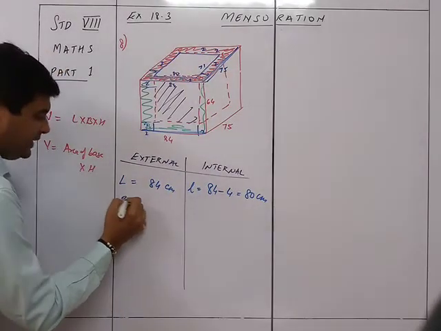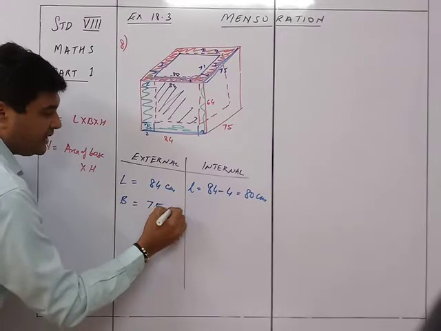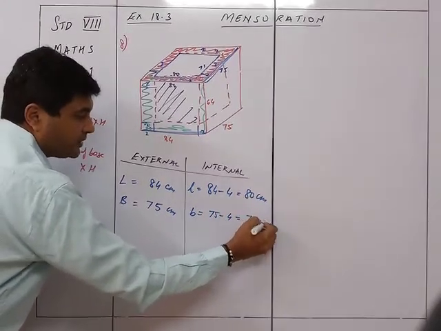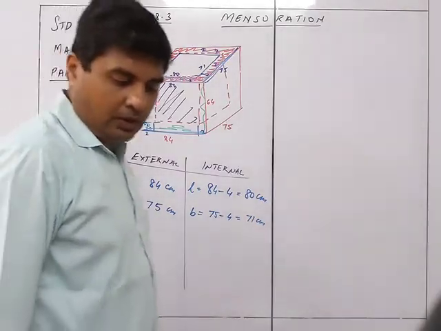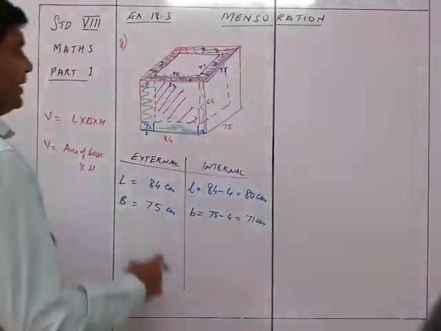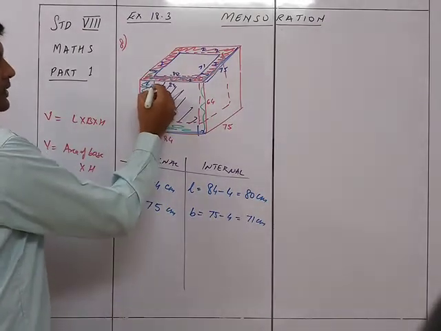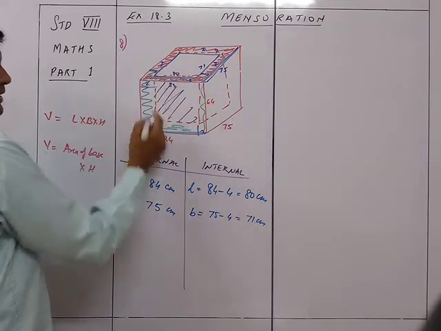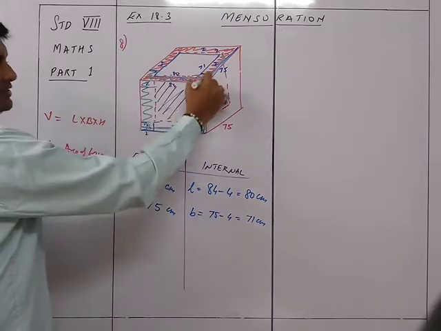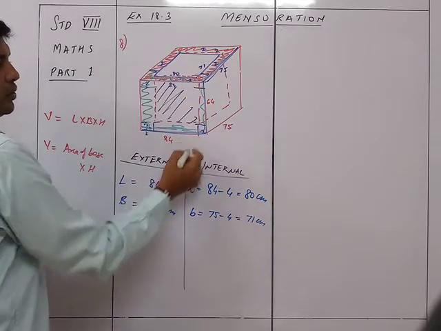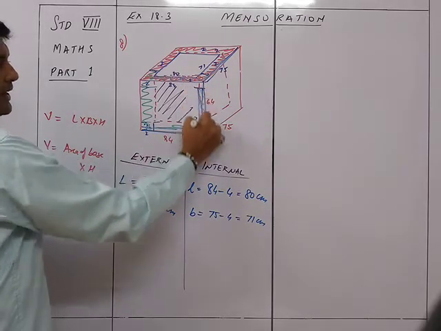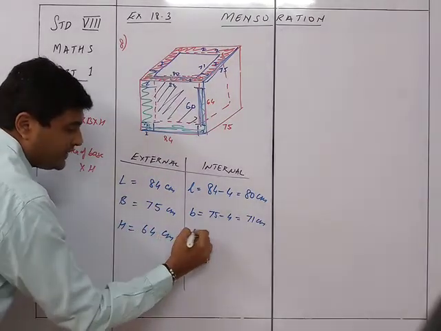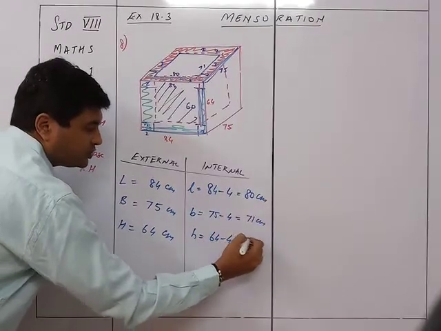So that's what we are writing. B is equal to 75 centimeters, whereas small b will be equal to 75 minus 4, which is 71 centimeters. The next one is the height, and it will be the same there. In the height, you can see the lid on top of the box will be 2 centimeters, and there will be 2 centimeters of thickness at the bottom too. So out of 64, 2 centimeters go here and 2 centimeters go here. Accordingly the internal height will be 60. So H will be equal to 64 centimeters, whereas h will be equal to 64 minus 4, which is 60 centimeters.